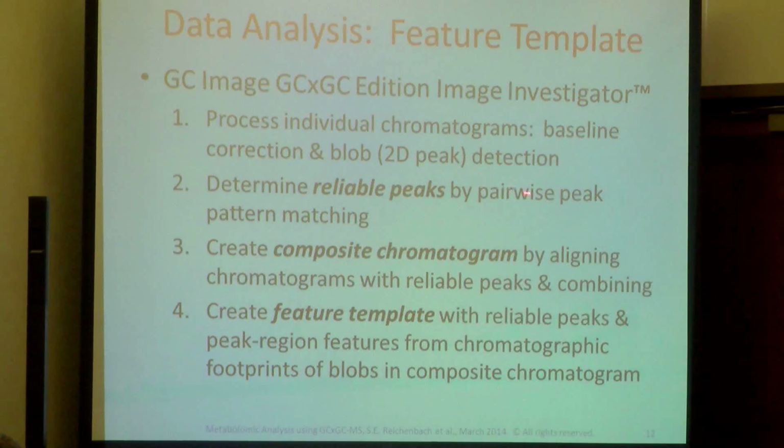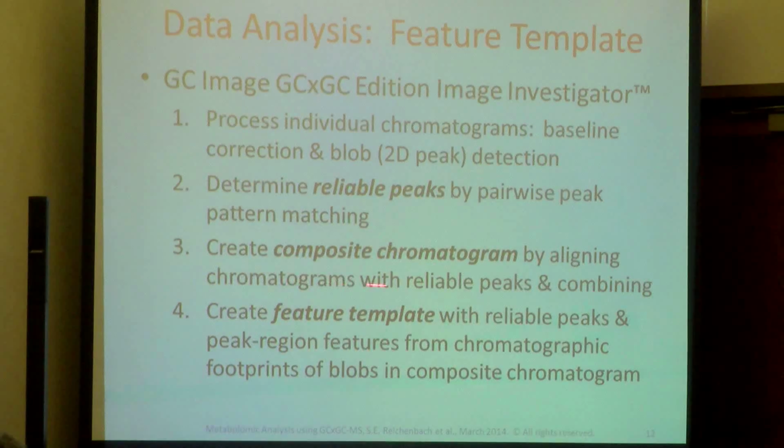Through that you can find graph structures that give you peaks that are reliably found across all or many of the chromatograms. Using those so-called reliable peaks, we're able to align each of the chromatograms on the basis of those same peaks in each chromatogram.